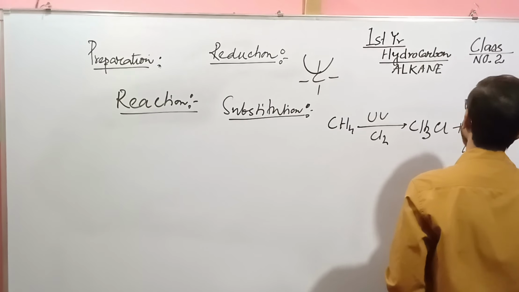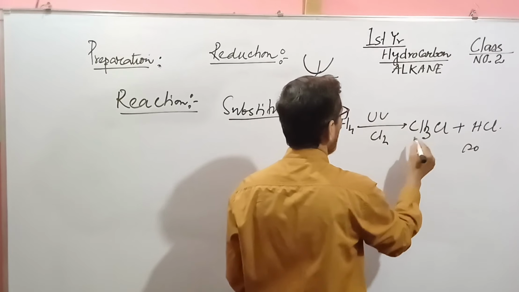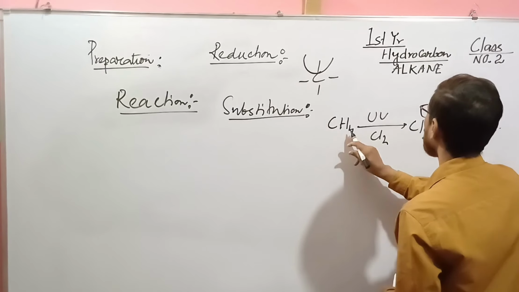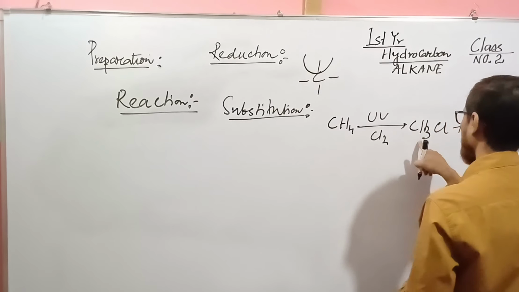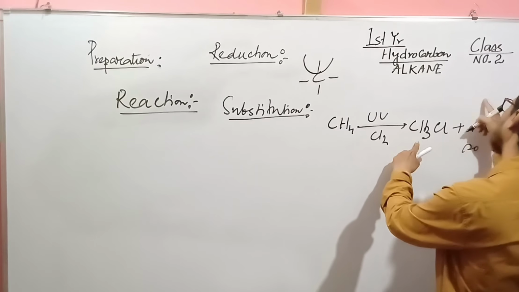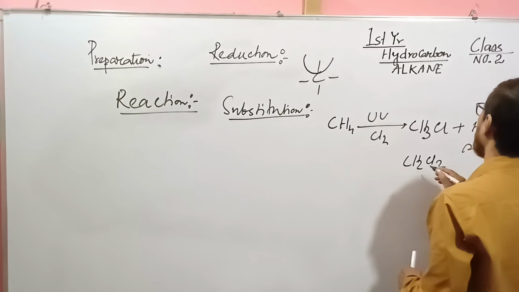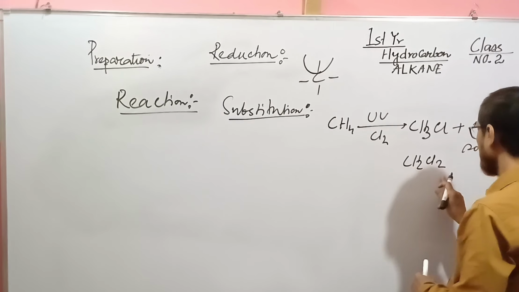So on, means later on, CH3 again will, one hydrogen is removed, you are getting this Cl, another hydrogen will be removed from this one, another chlorine will come, then CH2Cl, again from here another hydrogen will be replaced by another chlorine.